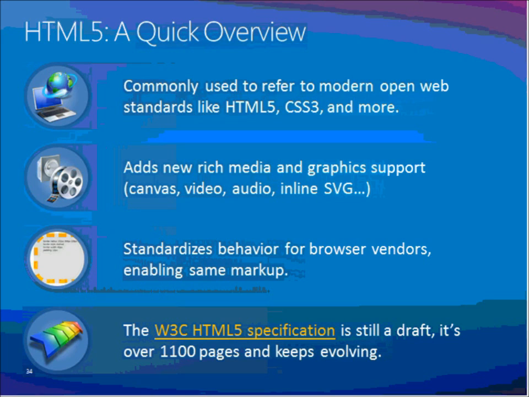It can include anything from the true W3C HTML5 specification, the CSS3 spec, the ECMAScript 5 spec, and many others. When looked at together, they provide developers like us with new support for rich graphics and media, new JavaScript and DOM functionalities, provide advanced functionality and programmability, and standardized behavior within the browser.